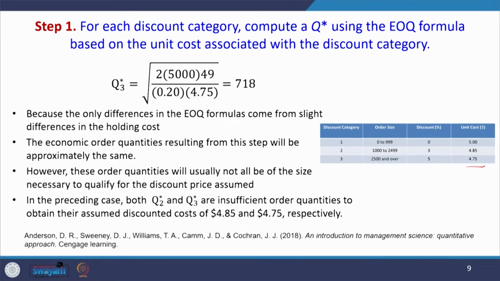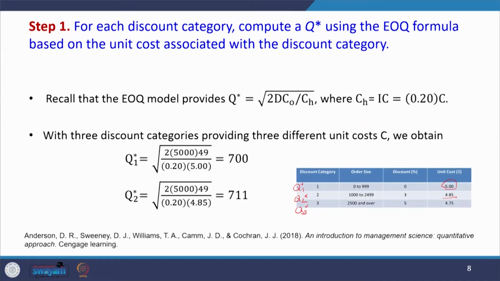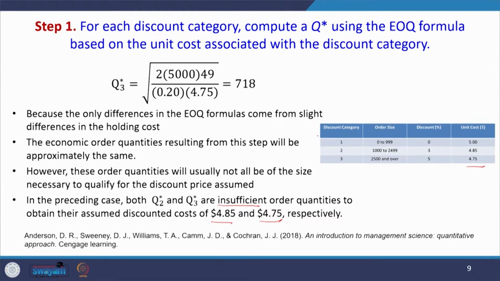In the preceding case, both Q2 star and Q3 star are insufficient order quantities to obtain their assumed discount cost of $4.85 and $4.75 respectively. Because what is the value of Q1? Value of Q1 is 700, yes, the 700 is within this interval.